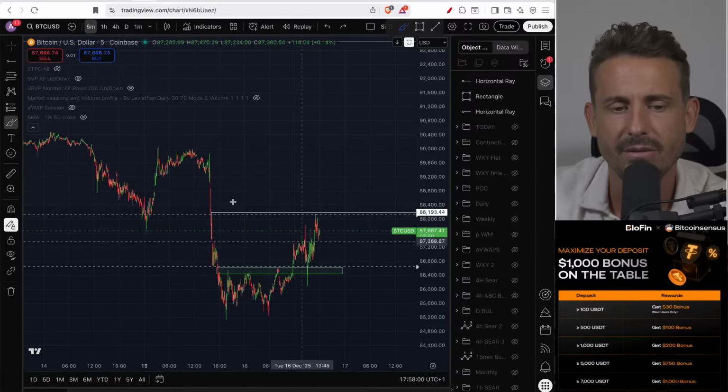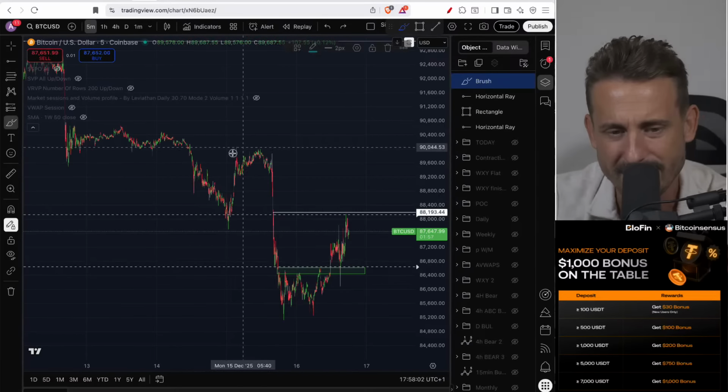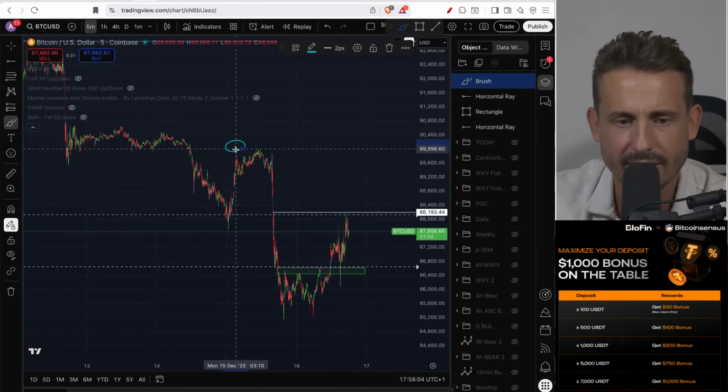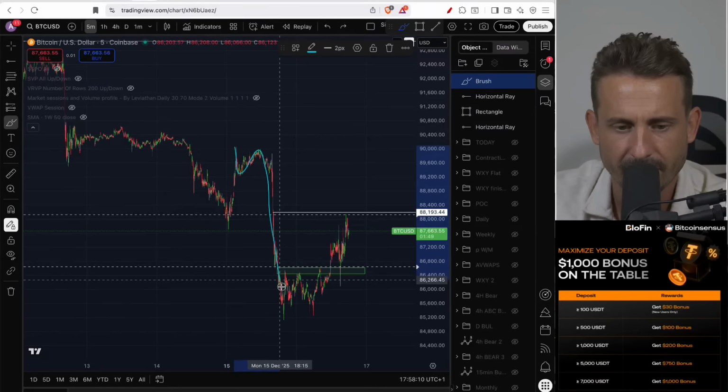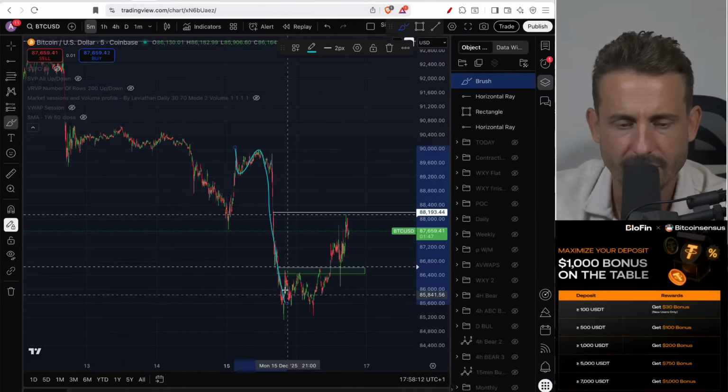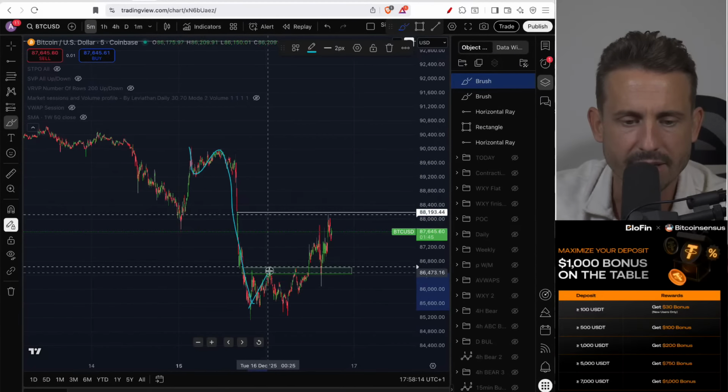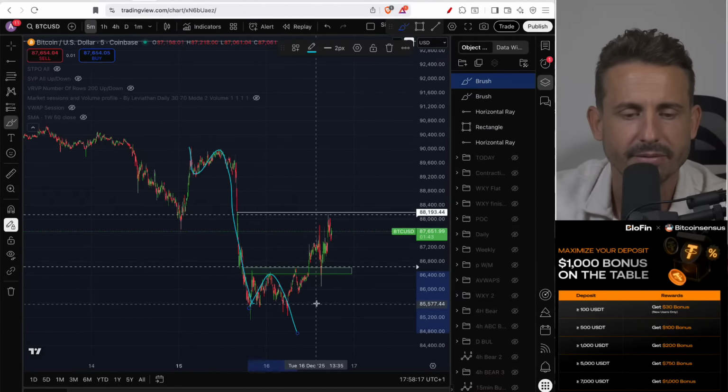The main reason why is because from this high that we had yesterday, you have a lower high and then the rollover. And what did not follow here is a 4 and a 5.